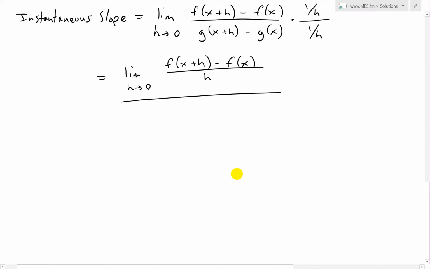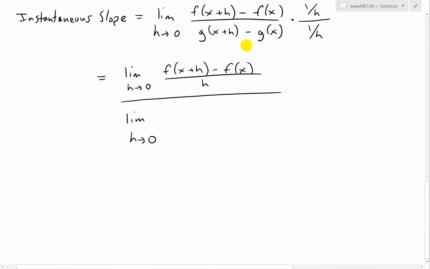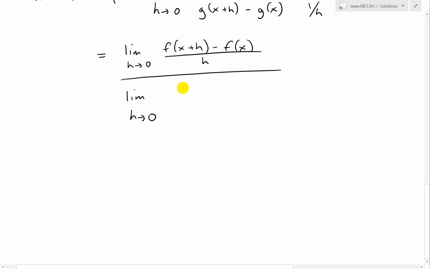So what we have here is this function on the top. Let's move this down to make it appear a bit better. Then divided by the limit as h approaches 0 at the bottom side, and then this divided by h on the g of x. So what we have is this g of x plus h minus g of x all divided by h.